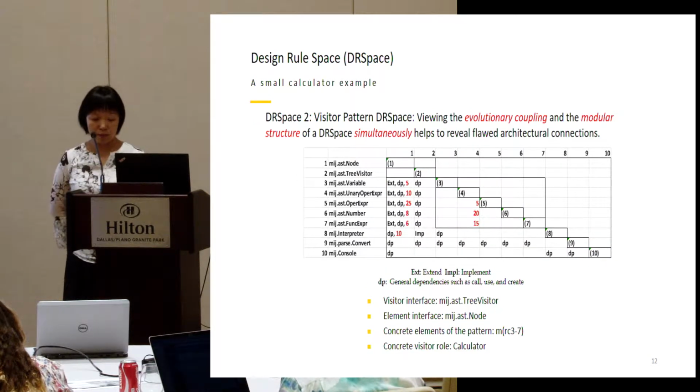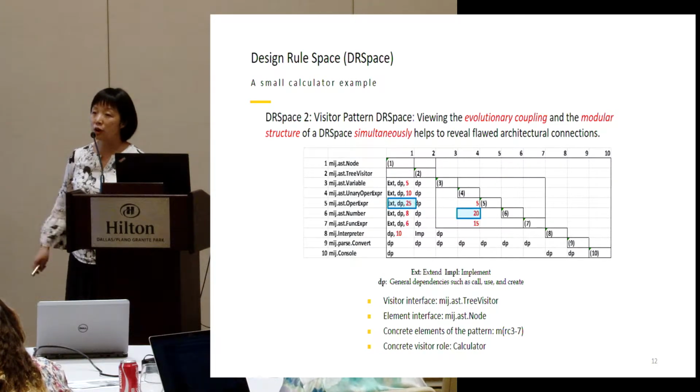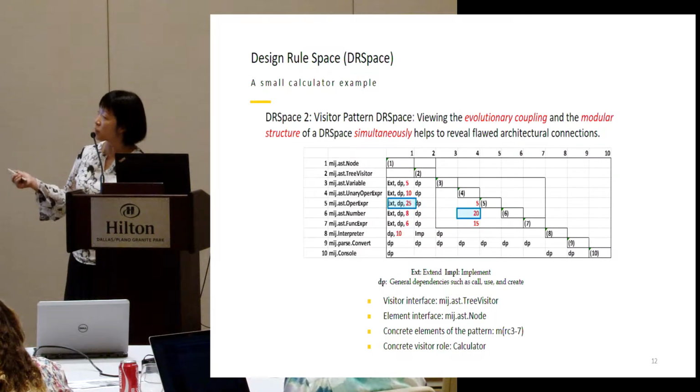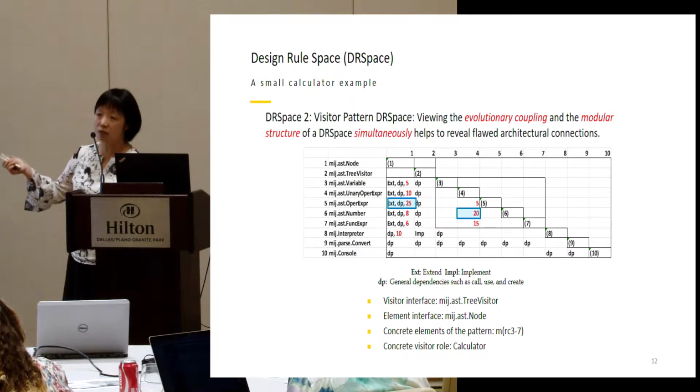And another example we see is that using DSM, we can represent not only structural relations, but also their co-change relation. Look at these two boxes that are highlighted. There is an additional number 25 in column 1 and row 5, which means that these files are changed together as recorded in revision history 25 times.